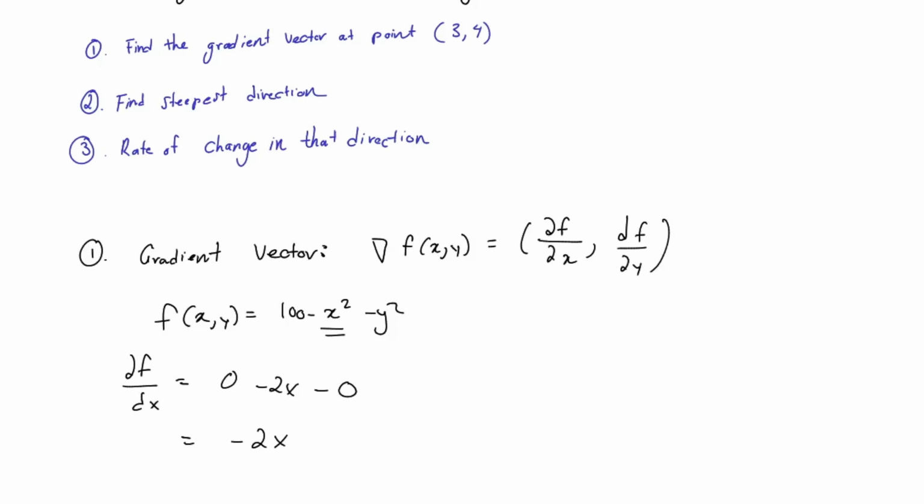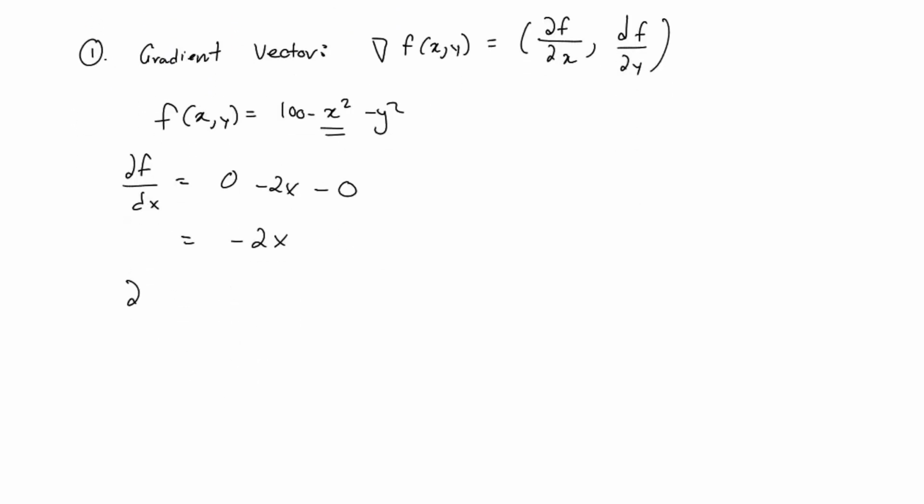Now we're going to take it with respect to y. Remember, we are only going to care about y in this case. We don't have to take the derivative of the x term, and the derivative of 100 is 0. So 0 minus 0, and we won't worry about that.